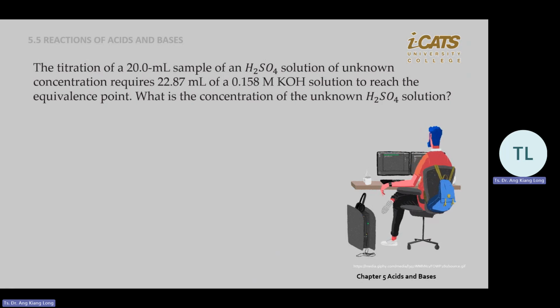Okay. Then you know this one, 22.87 ml, is the V, and you know the molarity is 0.158 M. So what is M? M is mole per liter. You want to calculate how many mole. So 0.158 M, you can write equal to 0.158 mole per liter.